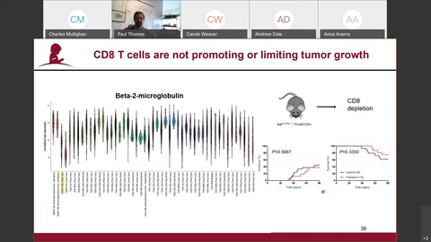And just by way of comparison, looking at an array of human tumor types just at bulk RNA-seq level, looking for beta-2 microglobulin, a key component of the class 1 antigen presentation complex, it's expressed at extremely low levels in neuroblastoma, really an outlier level compared to other tumors. And so we think this is consistent with the idea that neuroblastomas may be bad targets for CD8 T cells because they don't actually present MHC class 1.